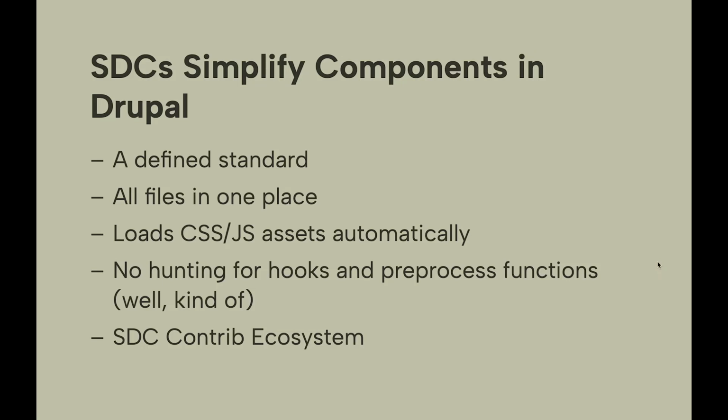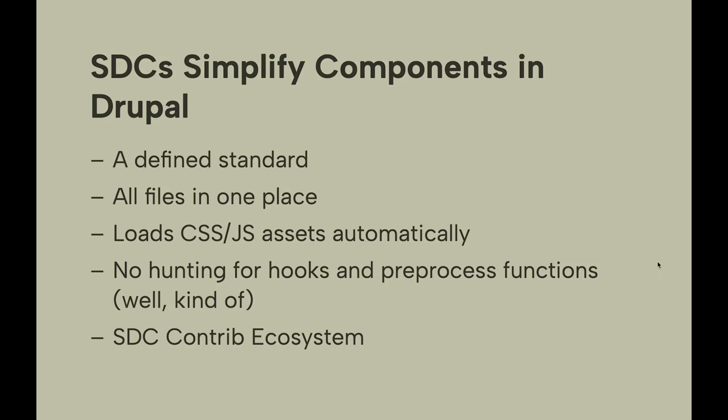In some ways, single directory components will also reduce the hunting that you have to do for hooks and preprocess functions and so on. My understanding is that it was a very intentional design decision to make sure that single directory components essentially can't be altered after they're defined.